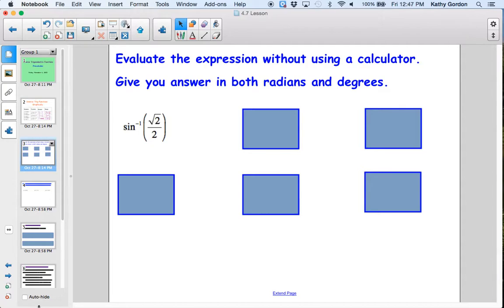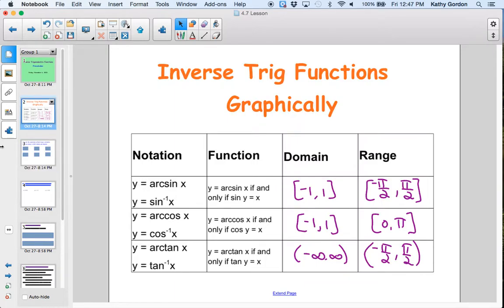based on what we said here, what we're trying to do is figure out what's the angle, right? Because angles are now the answers. Those are the outputs from these inverse trig functions. So I'm trying to figure out what's the angle that if I took the sine of it, I would get this number that was in here.